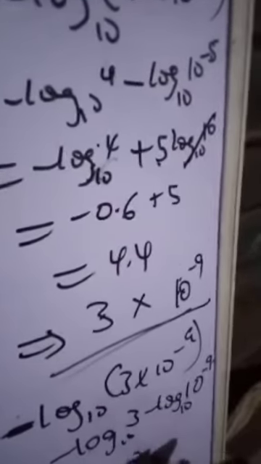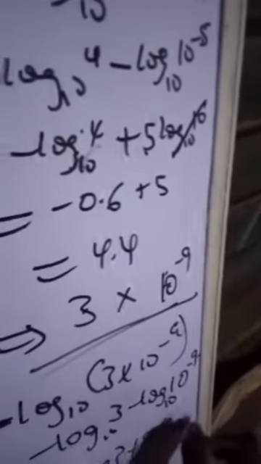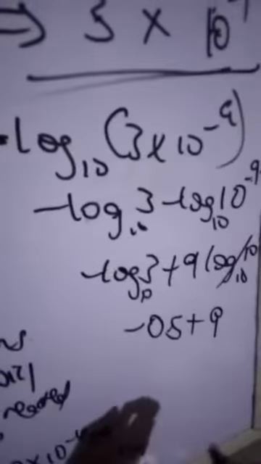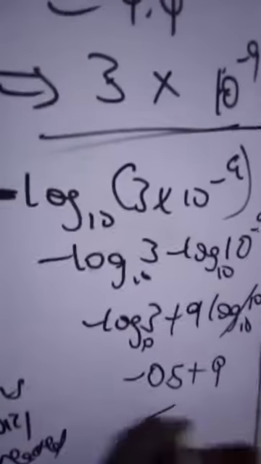When this minus 9 comes to the front, it becomes plus 9 log 10 base 10. Log 10 base 10 cancels out. What's minus log 3? That's minus 0.5, plus 9. Then what's 9 minus 0.5? That's 8.5. That's the 8.5 you have here.